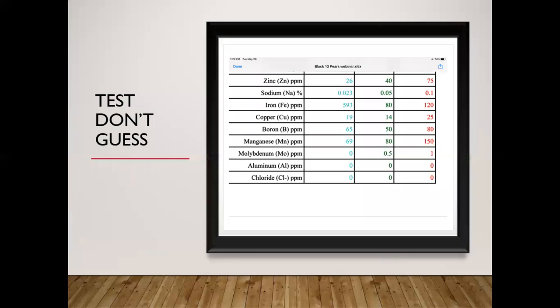So we pulled a tissue analysis on these plants, and as you can see, we were deficient in manganese, we were deficient in zinc, but our iron was at 593 parts per million. So we were getting excessive iron in that plant, and we weren't getting what the plant really needed: manganese and zinc.